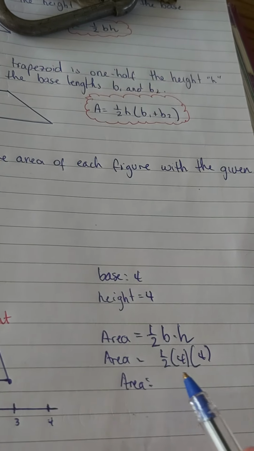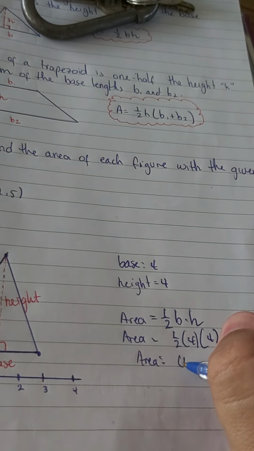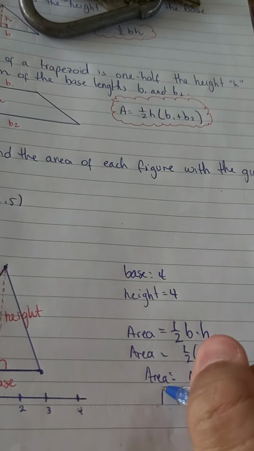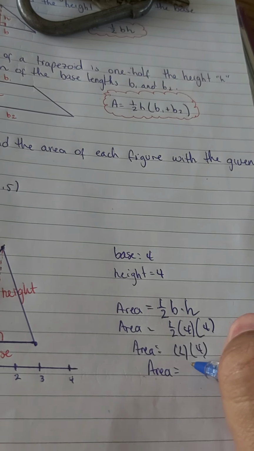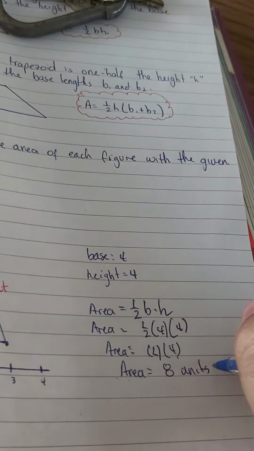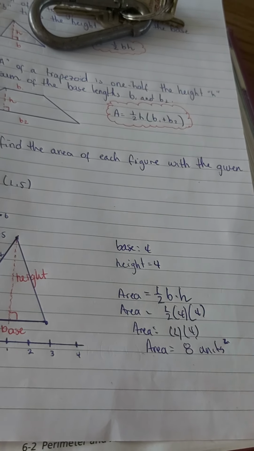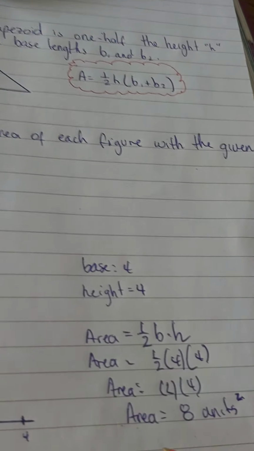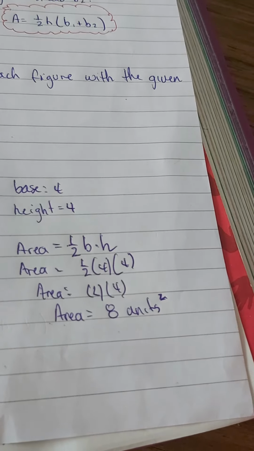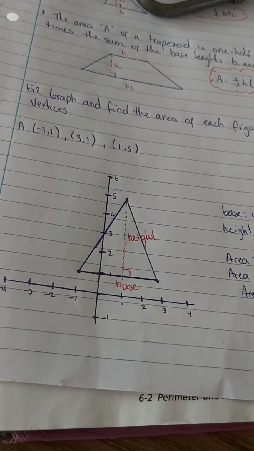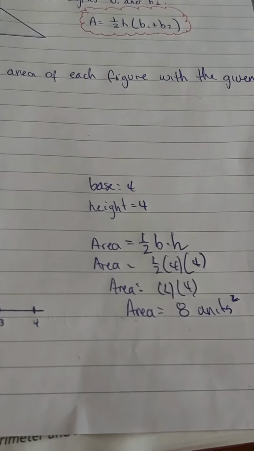So area equals 1/2 of 4, that's 2, times 4. Area equals 8 square units. 8 square units. That will be the area for the figure with the vertices (-1, 1), (3, 1), (1, 5).